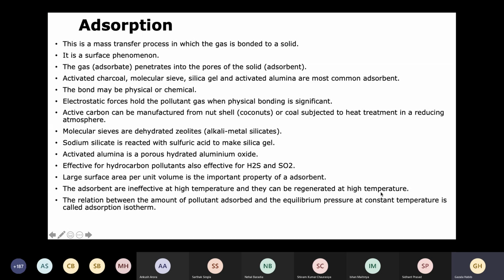So I think you have learnt about the Langmuir theory, right? The relation between the amount of pollutant adsorbed and the equilibrium pressure at constant temperature is called the adsorption isotherm.